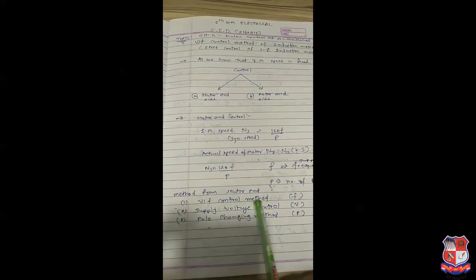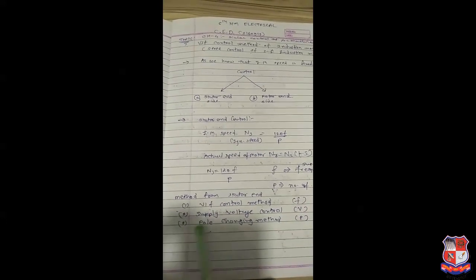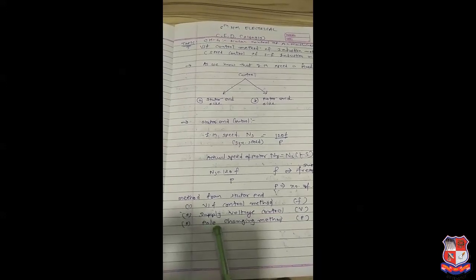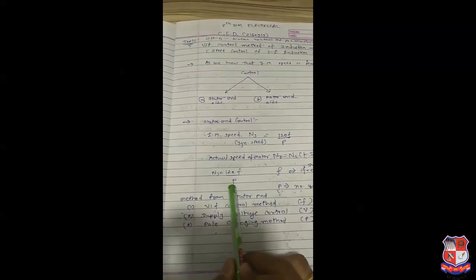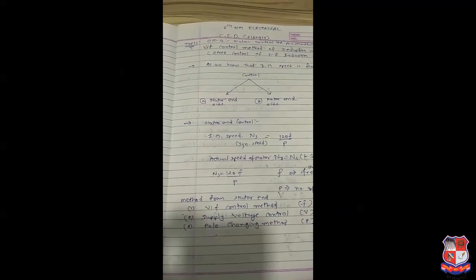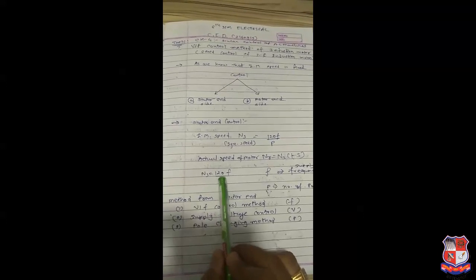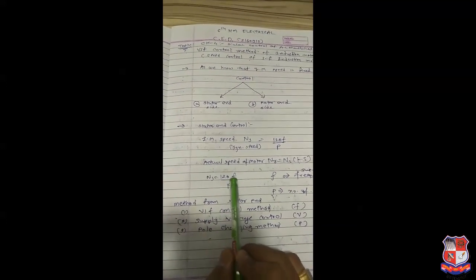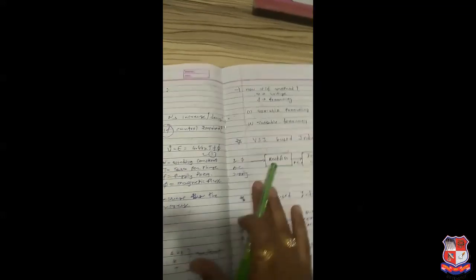Second, supply voltage control, that is the supply voltage of the stator winding. And third, the pole changing method, by varying the poles of the machine. But as a design criterion, in the starting we design the motor with fixed poles, that is 2 or 4 or so on.